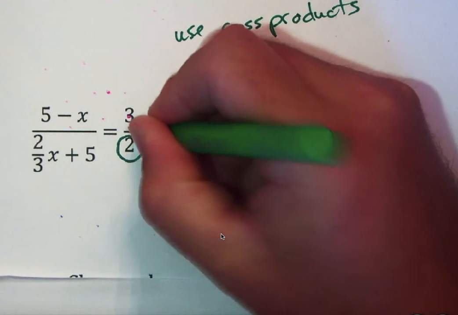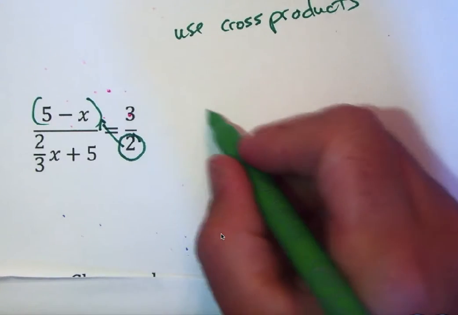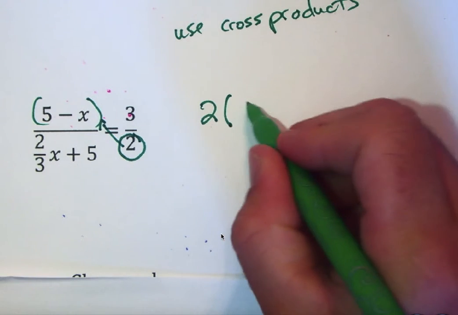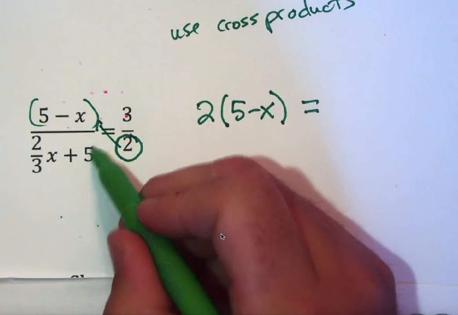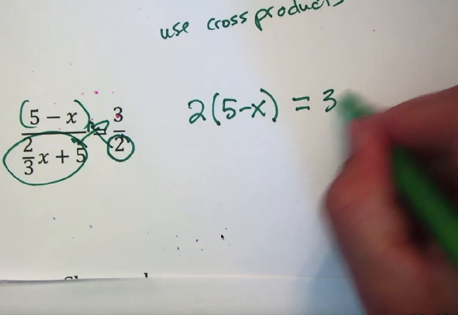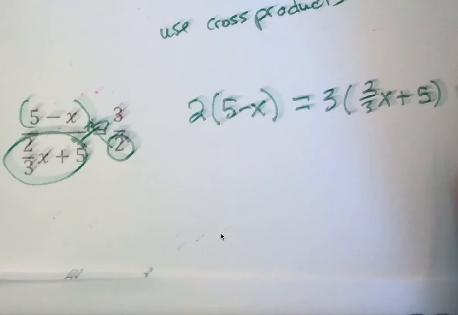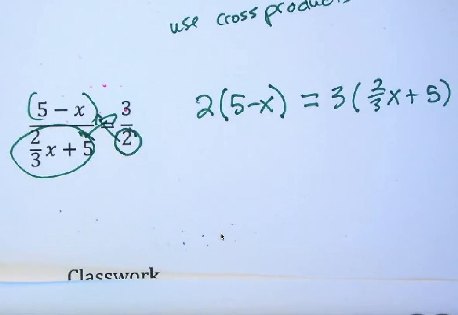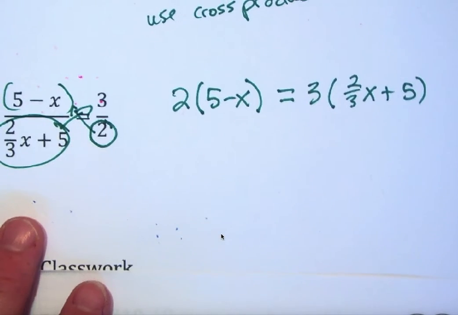So 2 times all of this and all of this times 3. Now I have an equivalent expression using cross products that I can solve a little bit easier.